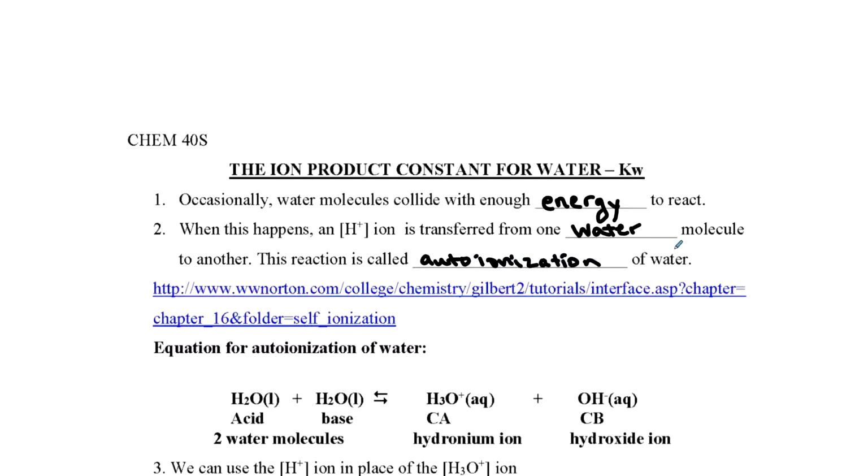of water. Now the link below doesn't work, but I've found a different video that actually diagrams out and explains this process quite well. So you'll notice there's a second video link in today's Edmodo post. So if you can pause here now or at any point and check that out.